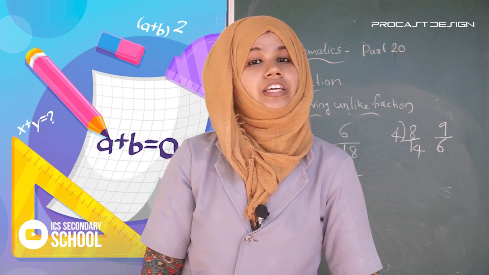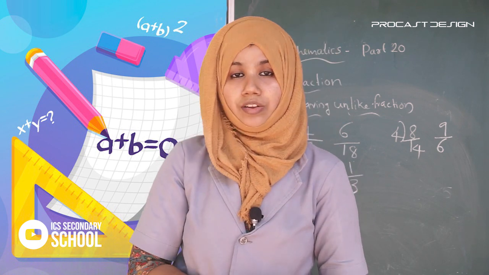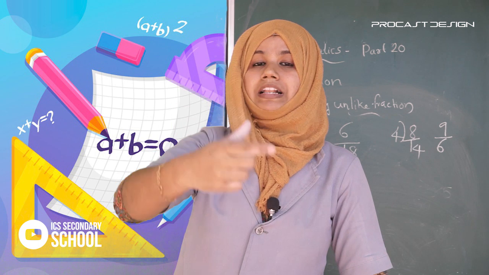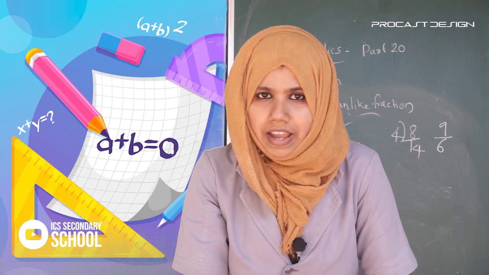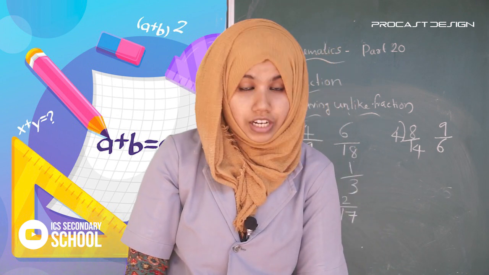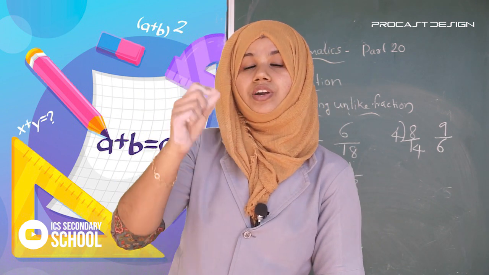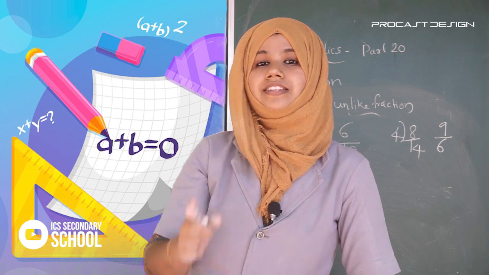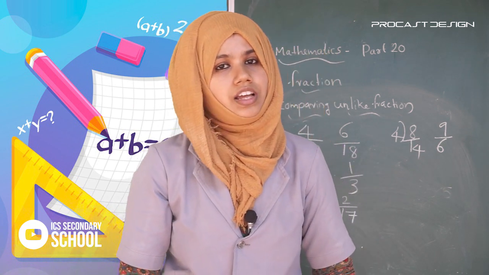Next we learned about equivalent fractions: we multiply the numerator and denominator by the same number. Next we learned about reducing to lowest terms: find the common factors and cancel them to get the lowest term.